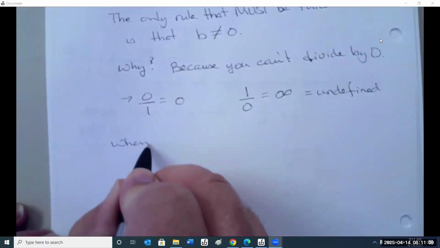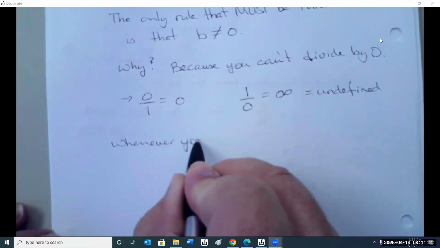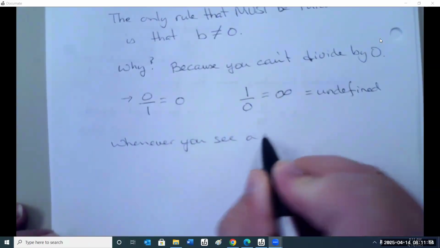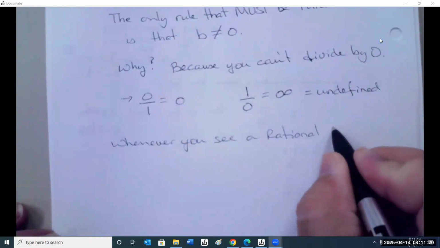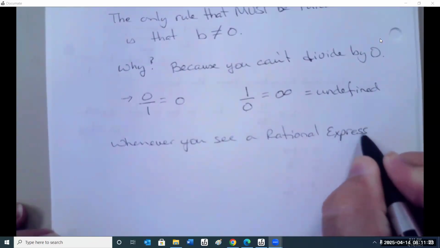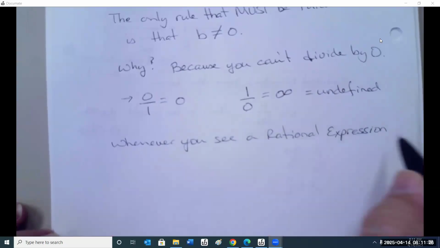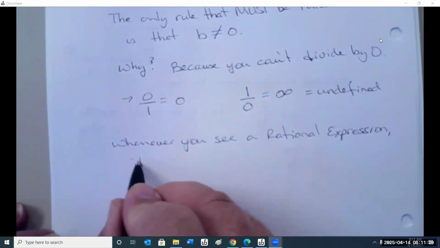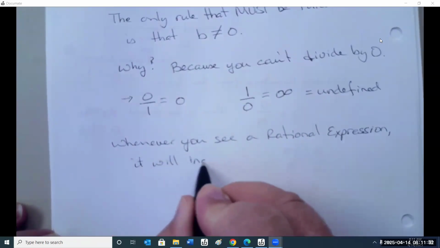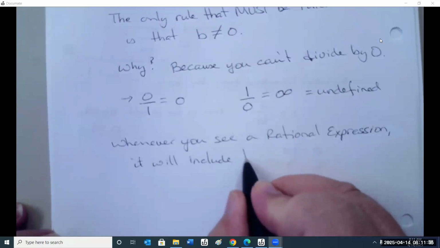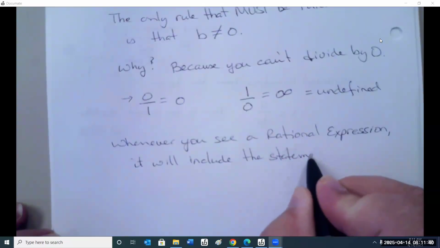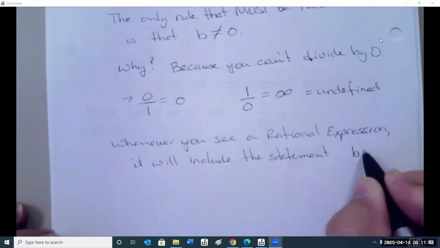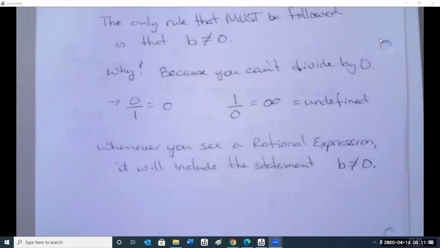That's why whenever you see a rational expression, it will include the statement the bottom cannot equal 0.